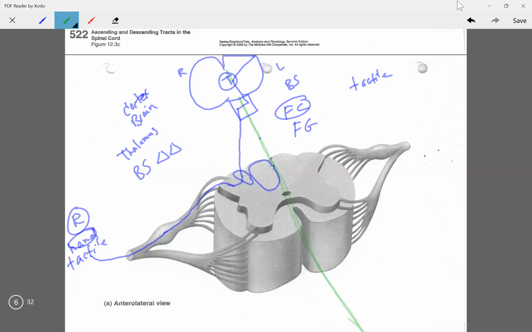Okay, I'll trace it one more time in green. So your right hand is touching something that's tactile, which means non-pain, non-temperature. Information goes in the dorsal nerve root. Remember, that's the sensory ganglion, so it helps you with the sensation.